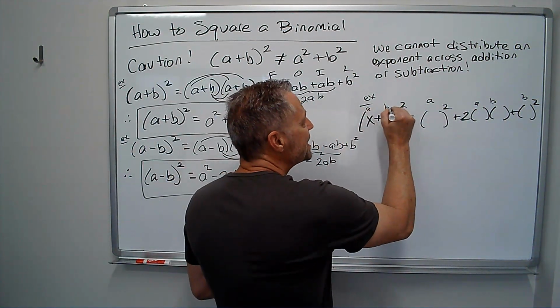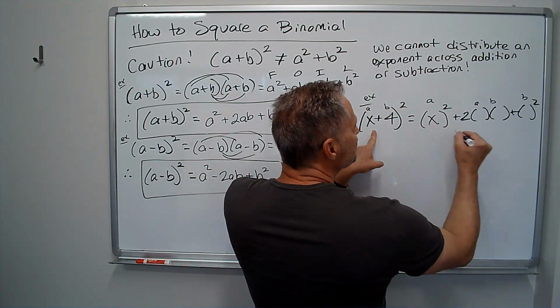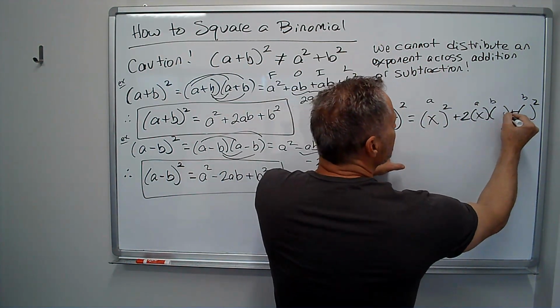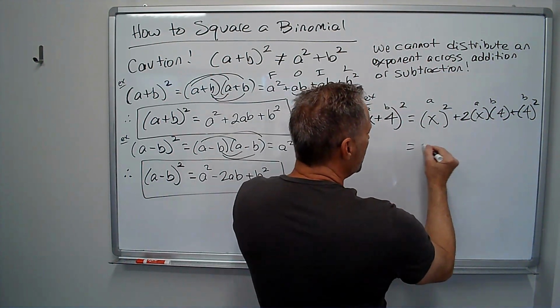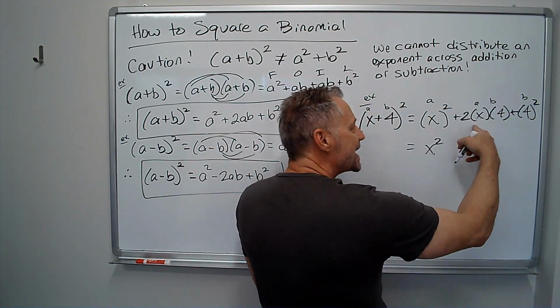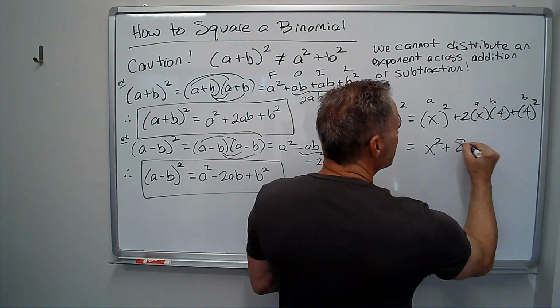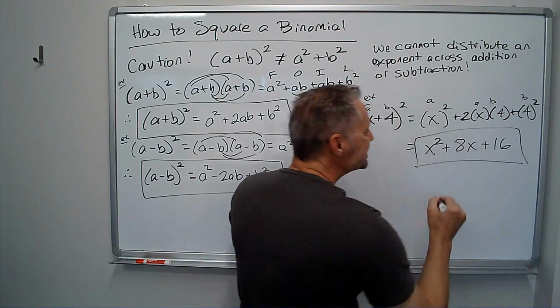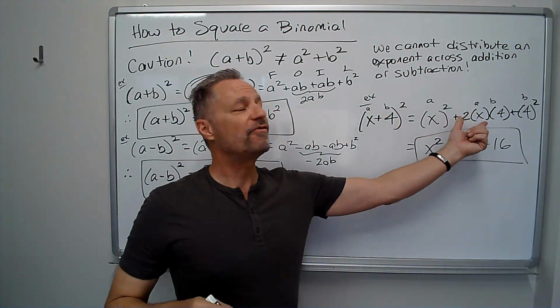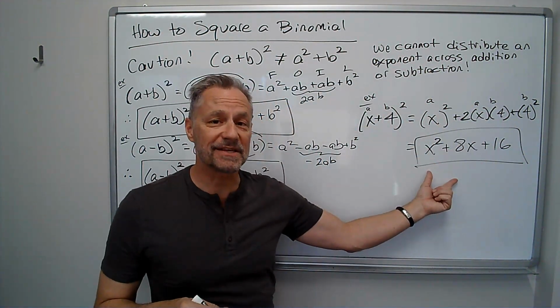Notice this time that's a and that's b, so wherever there's an a is an x, wherever there's a b is a 4. By doing that, x squared, 2 times 4 is 8 times x, so plus 8x, and then plus 4 squared, which is 16. That's my answer. I can use the formula to multiply this out.